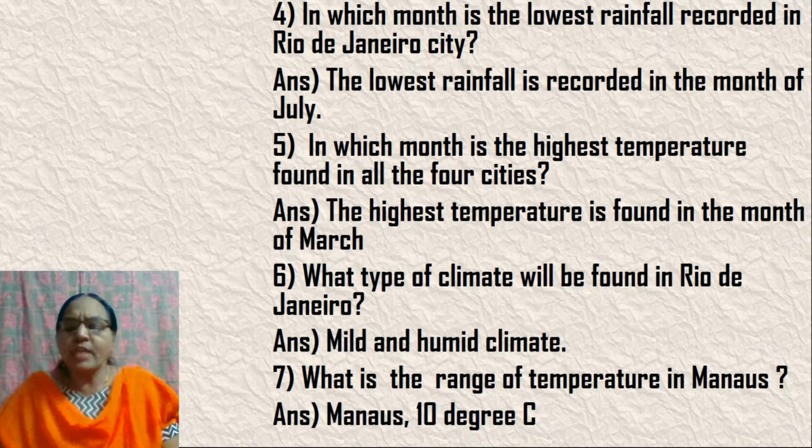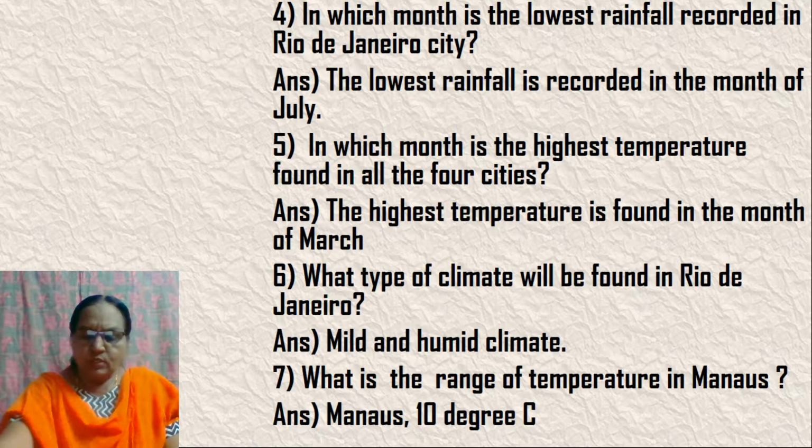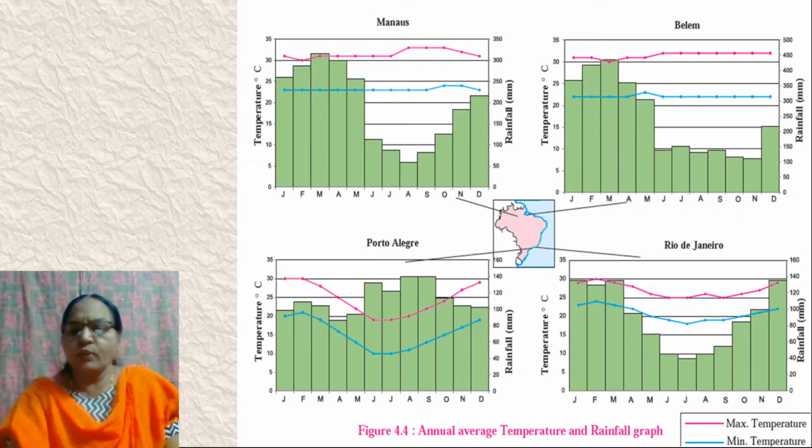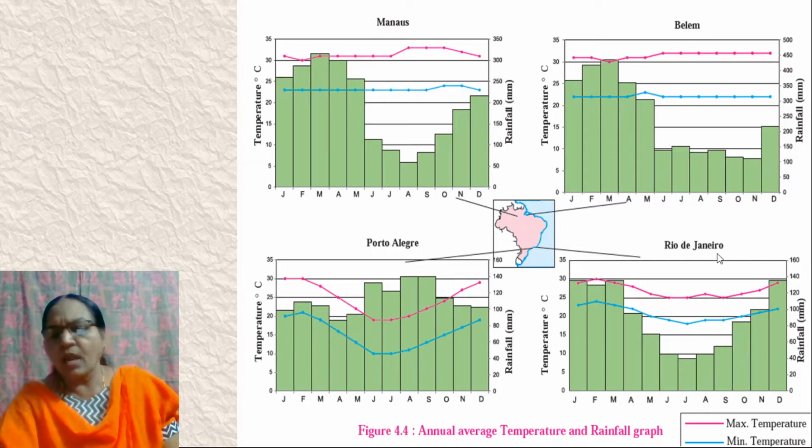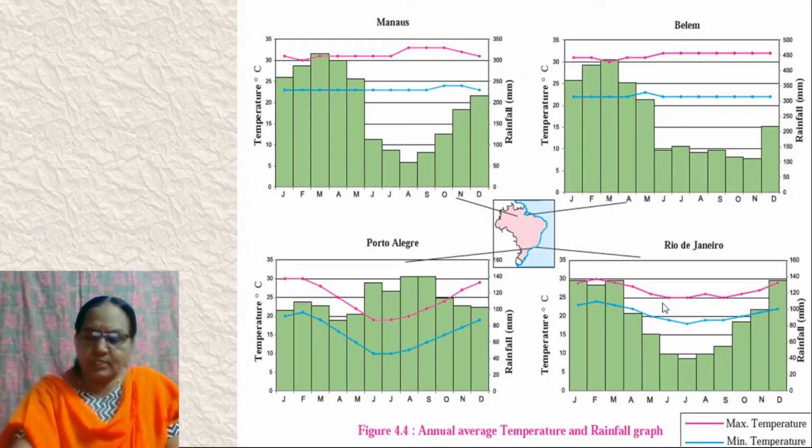Then what type of climate will be found in Rio de Janeiro? If you look at the graph of Rio de Janeiro, you'll find there's not much of a difference in the maximum and minimum temperature. So this has to be somewhere near the coastal region. So the climate will be hot and moist.